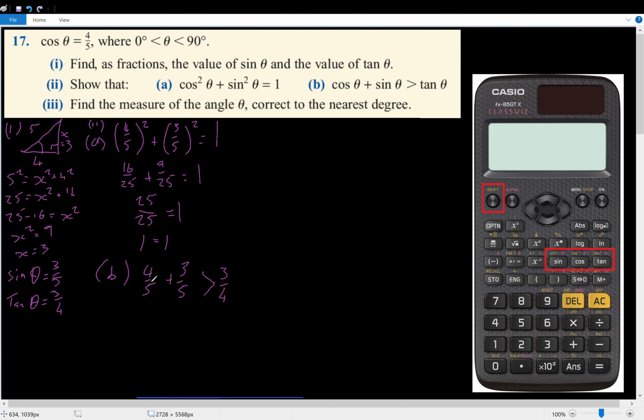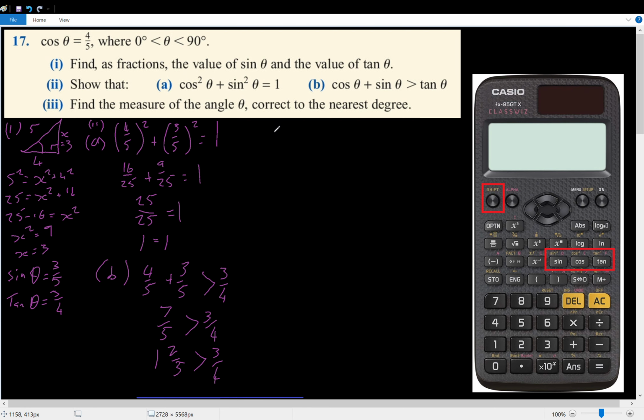Well, if we add 4/5 and 3/5, we get 7/5. And 7/5 is 1 and 2/5. So 1 and 2/5 is definitely larger than 1, and 3/4 is definitely smaller than 1. So we can clearly show that the cos of theta plus the sine of theta is larger than the tan of theta. So that's that done.